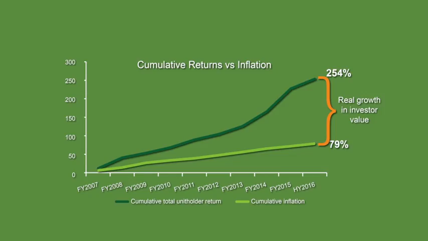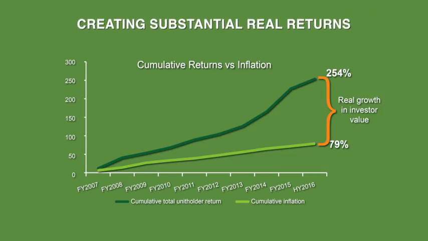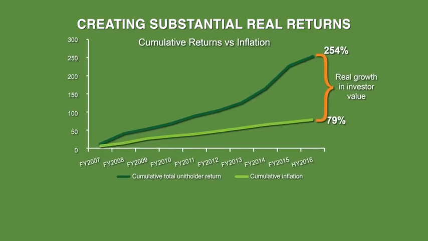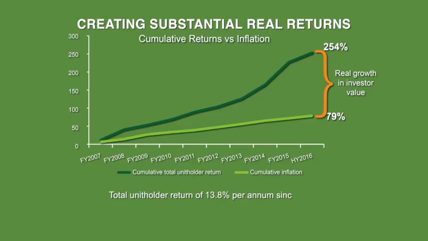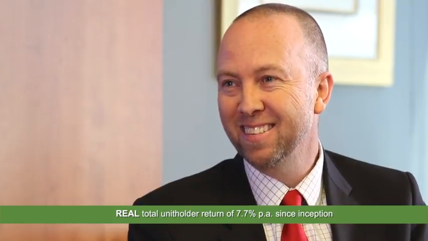So through our focus approach, we've delivered significant real wealth for investors. If you look at the numbers, the annualized total unit holder return per year over the last 10 years has been 13.8% per annum, and that's relative to the annualized inflation of 6.1% per annum. So that's outperforming inflation, or giving you a real return of 7.7% per year.